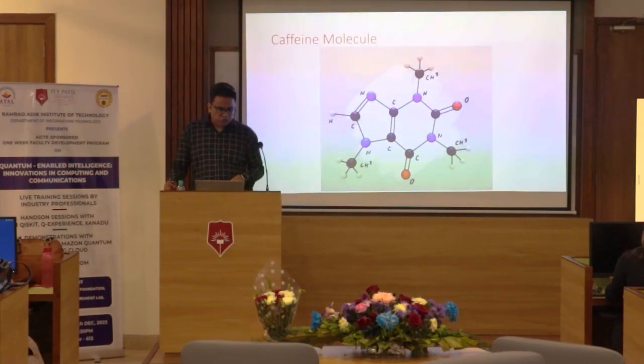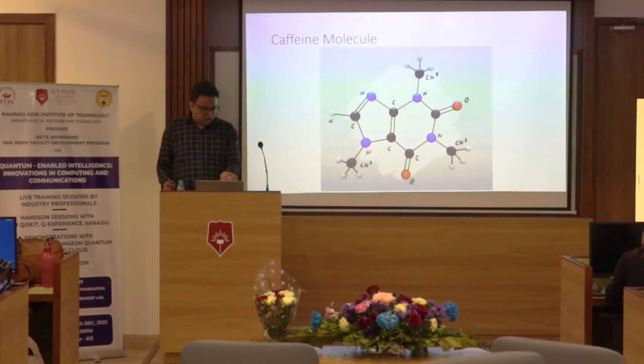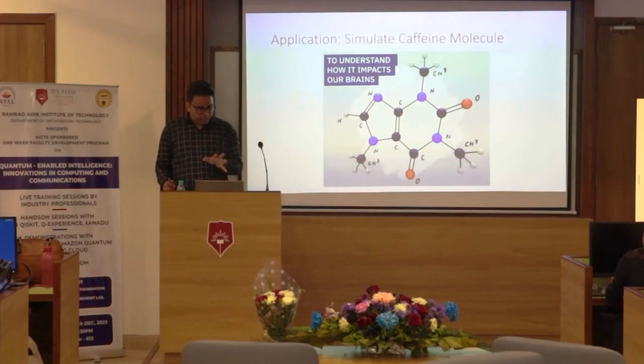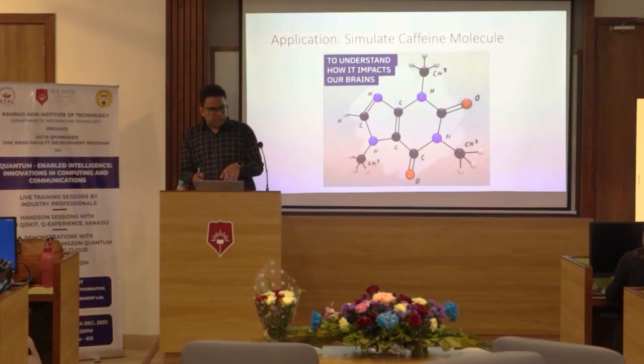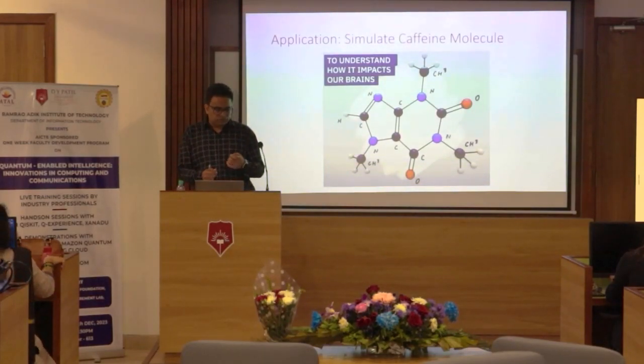So this is a caffeine molecule. It has these kinds of atoms, nitrogen, carbon, and so on. If you want to simulate it on a classical computer or a supercomputer, we cannot simulate it precisely. Even a single molecule of coffee, we cannot precisely simulate. Why? Because to simulate it precisely, we have to consider each and every electron, proton, neutron inside the nucleus of these nitrogen atoms.